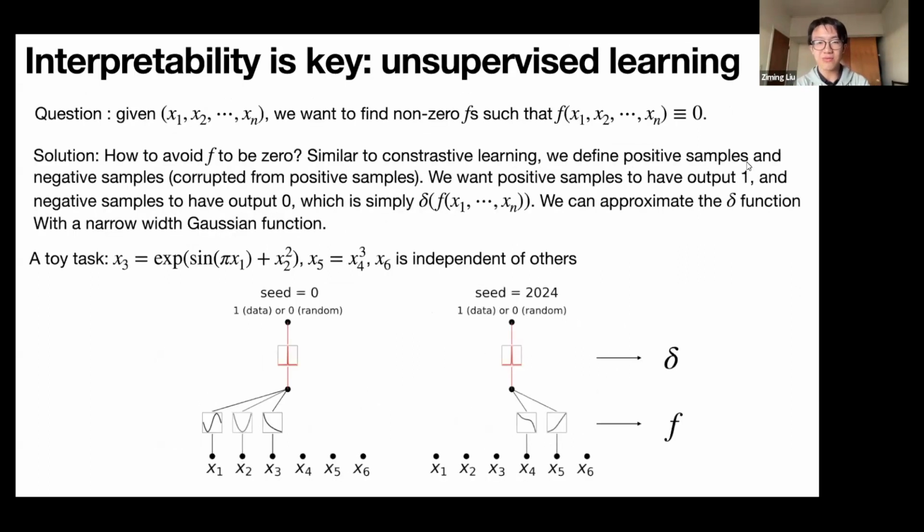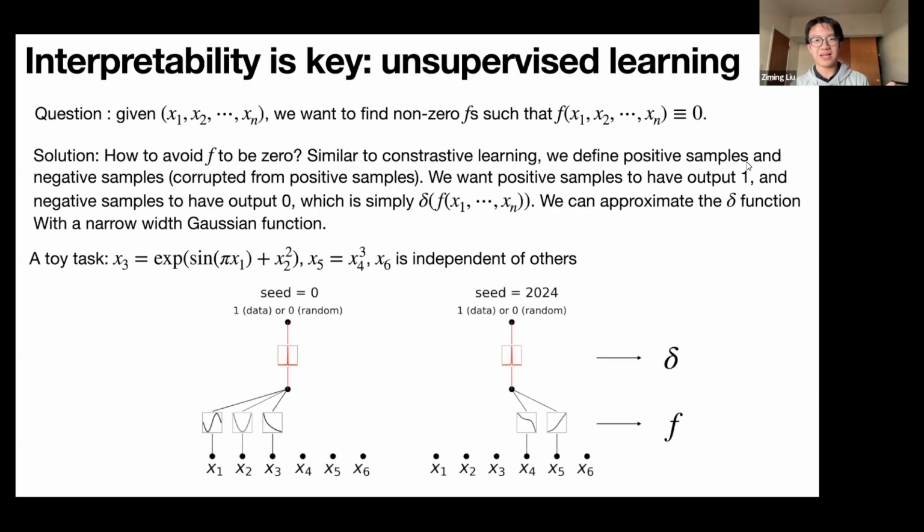Besides supervised learning, we also have this unsupervised learning setup. I probably don't have time to dig deep into that, but the formulation is that in some cases, we don't have a clear partition of input variables and output variables. We're basically just given n variables, and they may be on equal footing, equivariant in some sense.